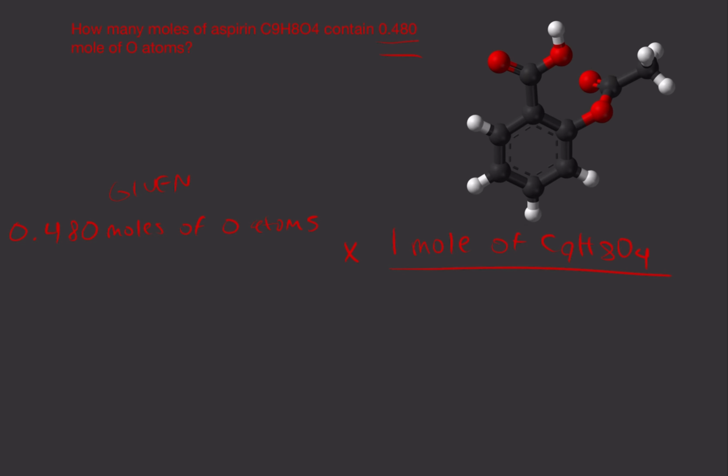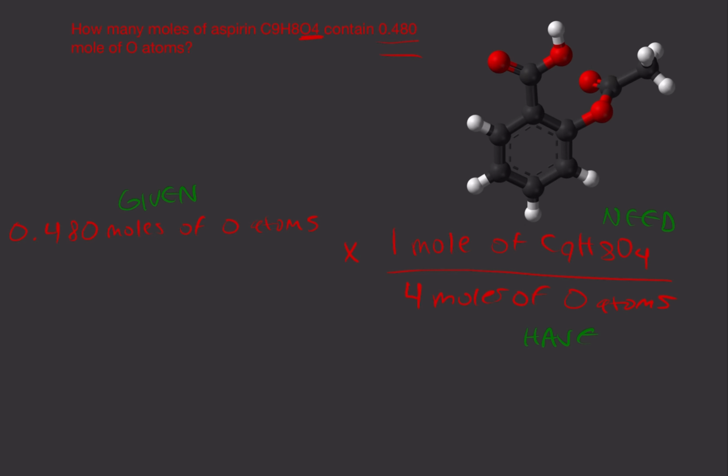So we have our given, what we need, and then at the bottom, this would be our cancel. How many moles of oxygen do we have? We have 4. So we're going to put 4 moles of atoms. And this is our have.